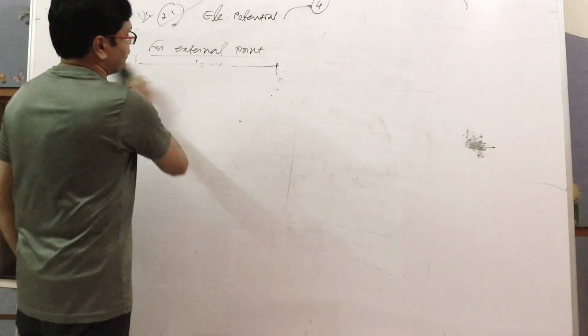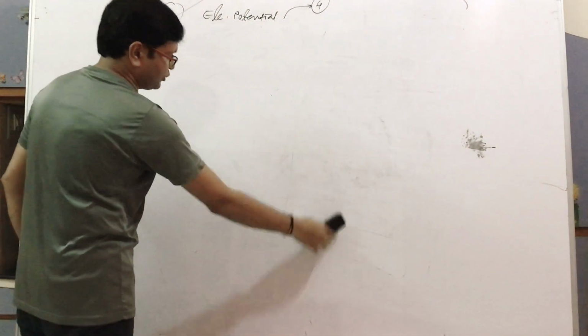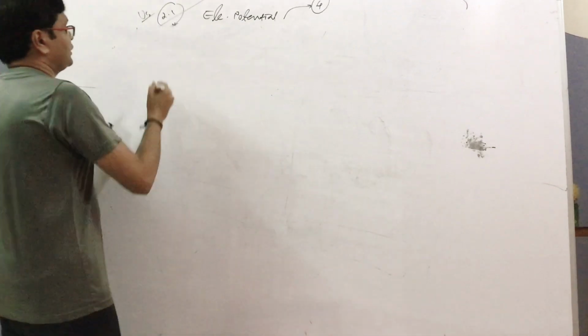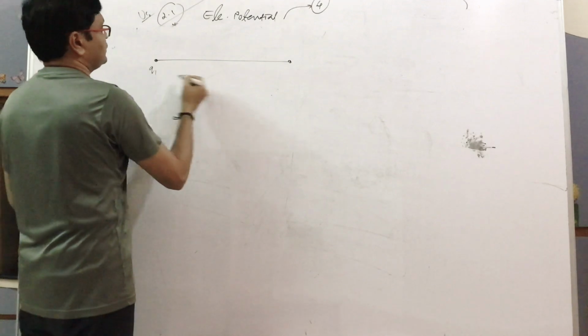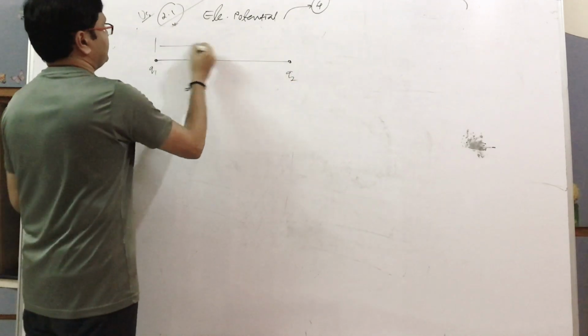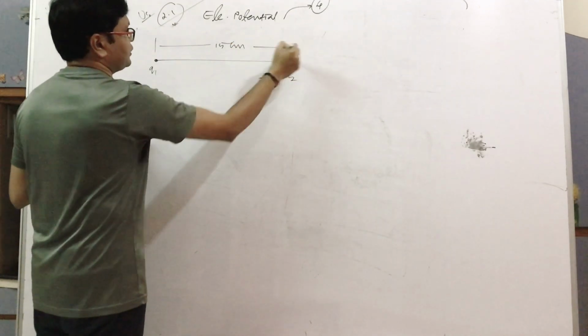So one more numerical from my side, you have to solve at your home. Okay, so once again these are the two charges Q1, Q2 separated by 15 centimeter.